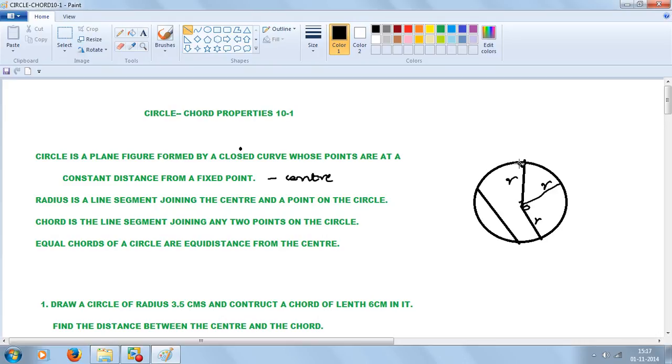So AB is a chord. Similarly, AC is a chord. If the line AC is extended, it cuts the circle at 2 points.